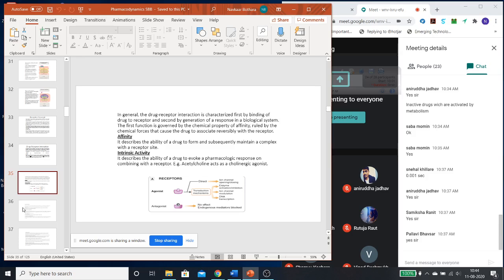This much is understood. Is there any difficulty in understanding the concepts? We will try to understand the receptor concept in more detail.